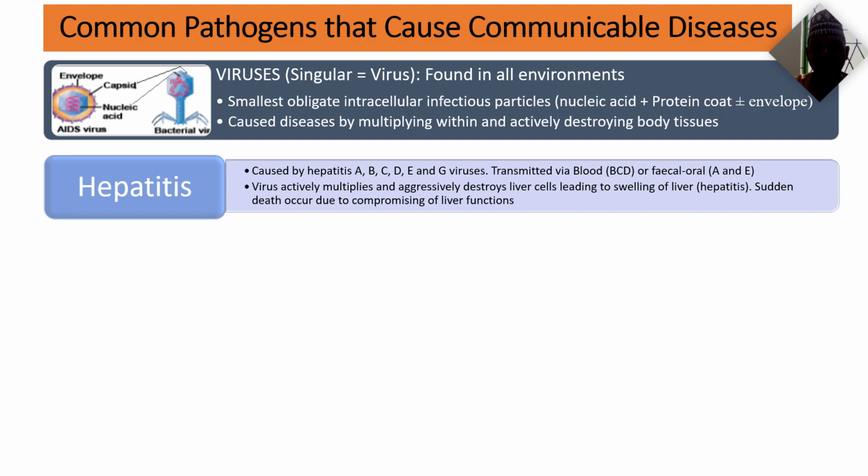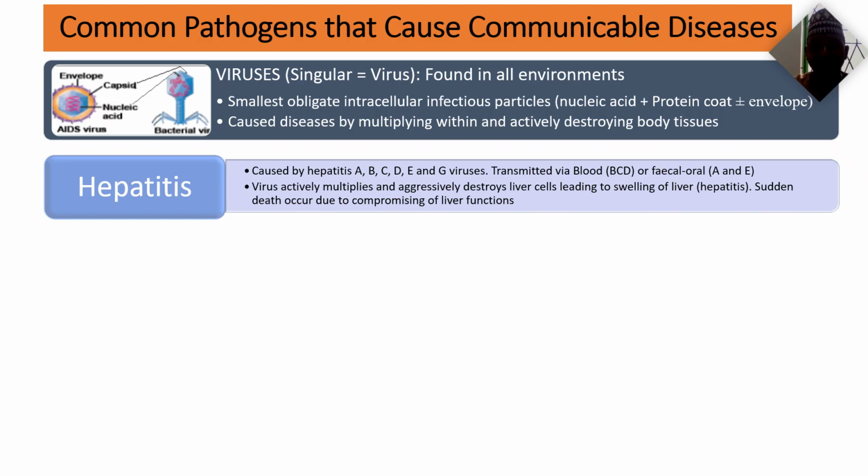Now, in the case of their transmission, hepatitis B, hepatitis C, and hepatitis D viruses are transmitted through blood, from blood of an infected person to a non-infected person, either through contaminated needles. They can also be transmitted through sexual contact.